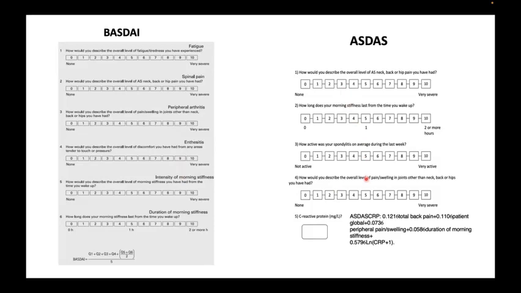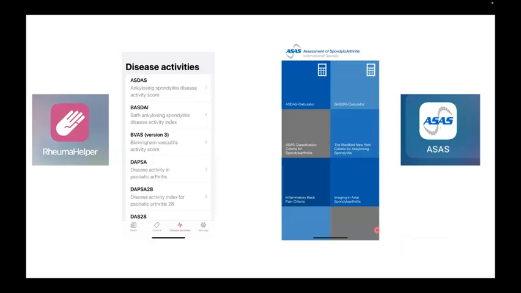So they have questions from the patient, the patient's outcome, and you add C-reactive protein or ESR. And there is a calculation that gives you the score. Don't worry about the score. There are many apps, and it's easy to calculate. So you have ASDAS or BASDAI.